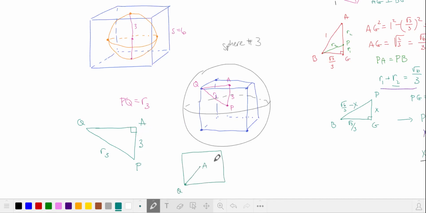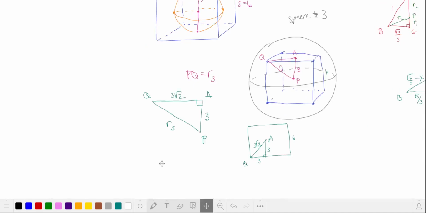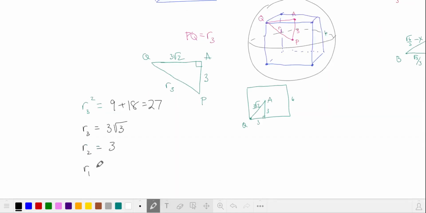AQ is the distance from the center of the square that forms the top face of our cube to a corner of the square. Since the cube has side lengths of 6, this distance is 3, and the distance from A to Q is 3√2. So now we can find R3 with the Pythagorean theorem. So R3 is 3√3 when R2 is equal to 3. And that's true when R1 is 1. So our ratios are 1 to 3 to 3√3.